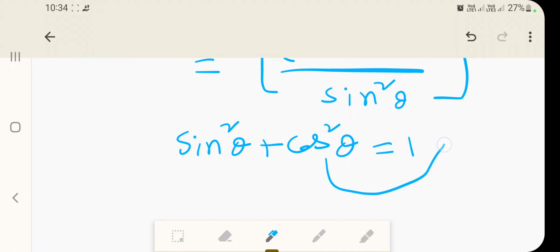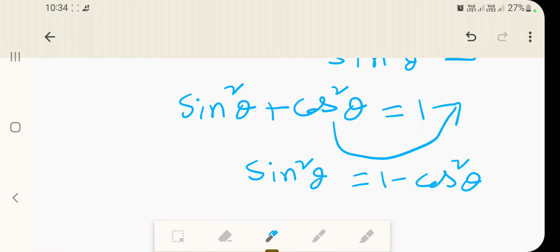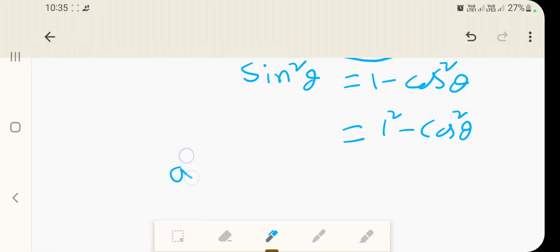If you take cos square theta to the right hand side, we have sin square theta is equal to 1 minus cos square theta. So sin square theta can be replaced with 1 minus cos square theta, and this we can take as 1 square minus cos square theta.